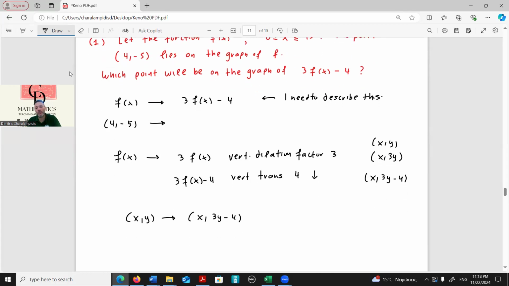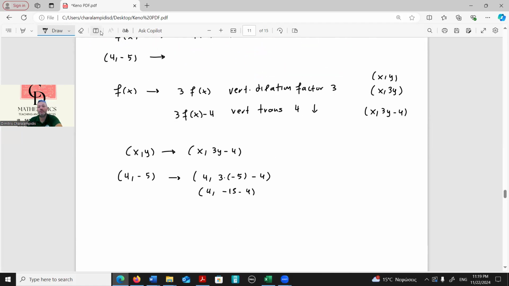Overall, under this transformation, the random point x, y will move to x, 3y minus 4, which means that if we apply this to the given point with coordinates 4 and -5, it goes to 4 and 3 times -5 minus 4, which is 4, -15 minus 4, which in the end is 4, -19.